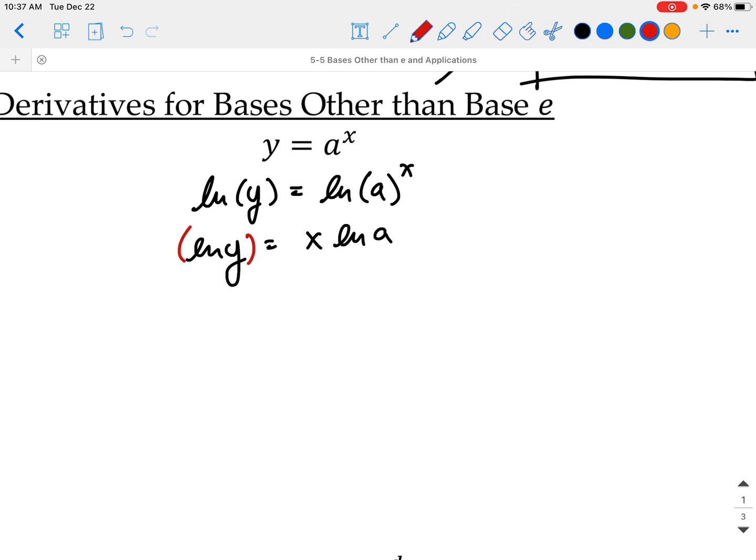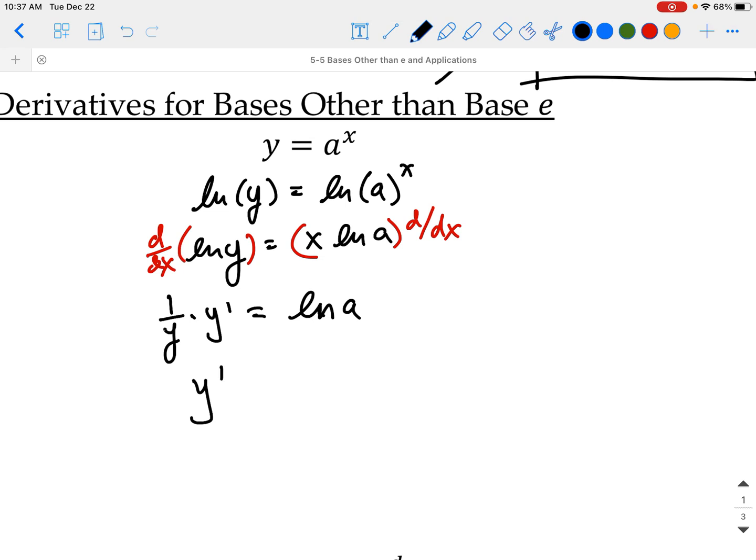And now we can differentiate implicitly with respect to x, like we did in proving e to the x. So we'll get y prime divided by y, or 1 over y times y prime. Maybe we should write it that way. So 1 over y times y prime is equal to x times the natural log of a is just going to be the natural log of a.